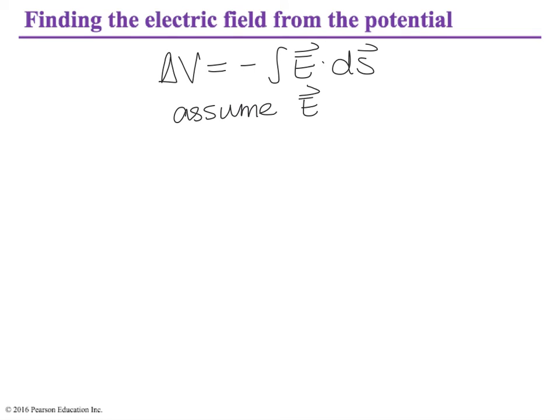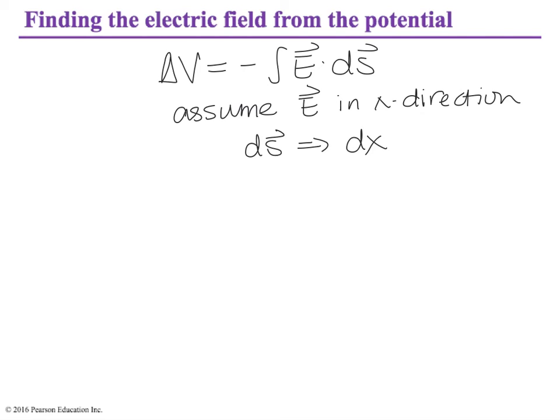And our last thing that we're going to look at is a relationship between the electric field and the potential. So again, we're going to start with this relationship. First of all, we're going to assume, for simplicity, that the electric field is in the x direction. And so then our ds is just going to be dx.